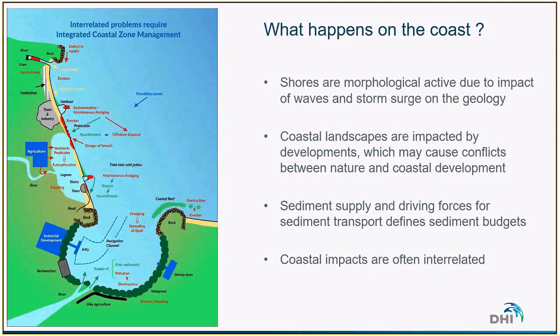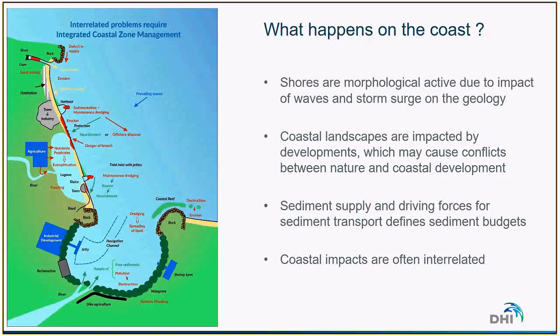Here is an overview of different activities and different processes that are occurring on the coast. We can see that there are natural processes such as waves and currents and rivers supplying sediments in the coast. There are also human activities like agriculture and industrial development.